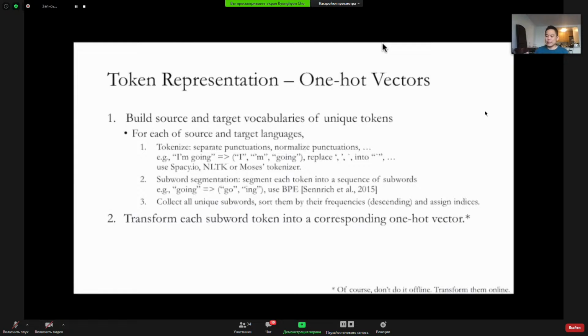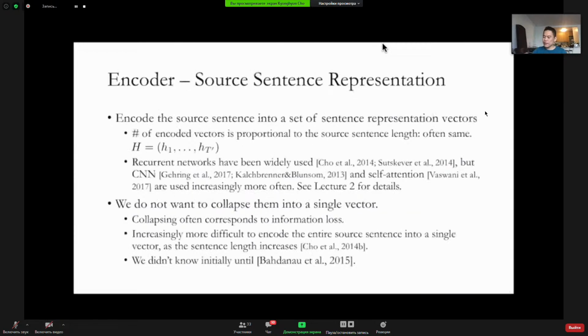You can use spaCy, NLTK, or the Moses tokenizer, or use BPE or SentencePiece to segment however you want. But once all those steps are done, we get a sequence of one-hot vectors, which is identical to a sequence of integers.